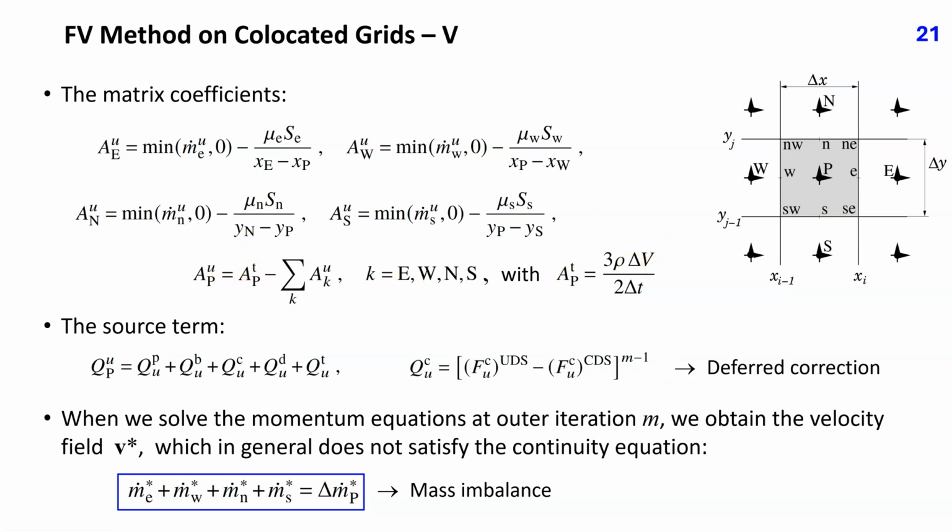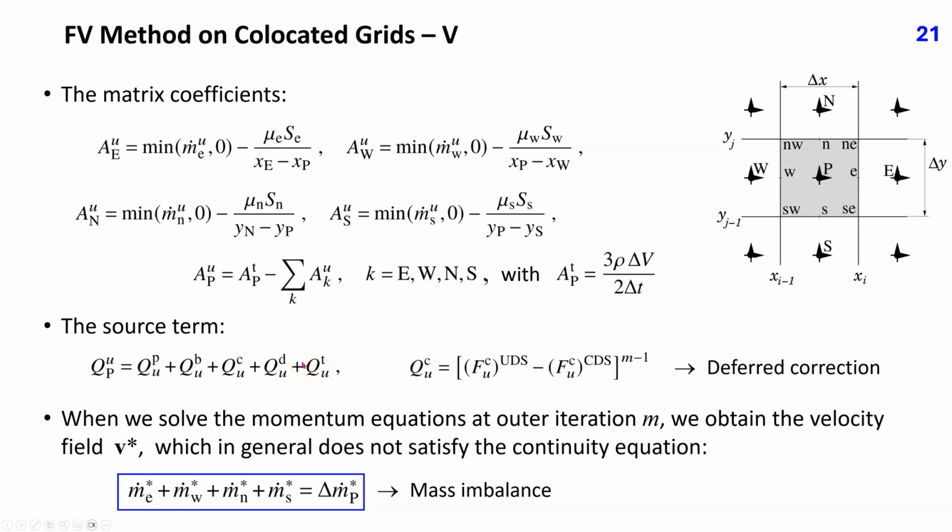For large time steps, under-relaxation is applied as described in slides 5 to 7 of lecture 11. The net source term is computed by adding pressure and buoyancy forces, deferred correction part of convection fluxes, the explicit part of viscous forces, and the contribution from the rate of change term.